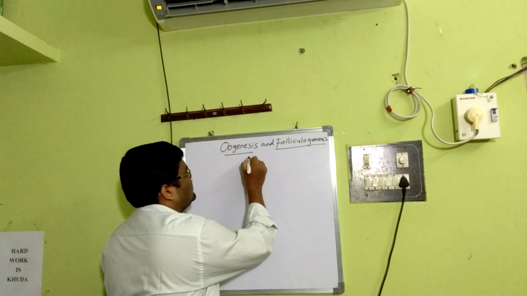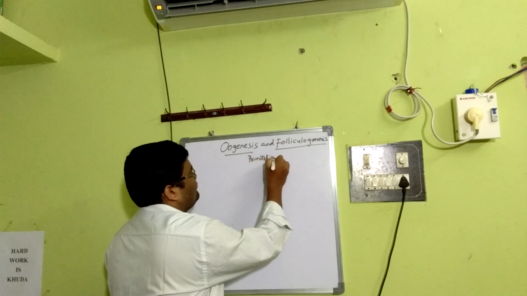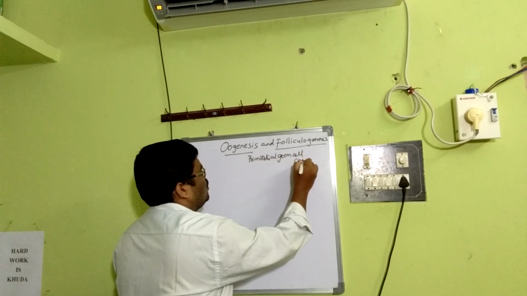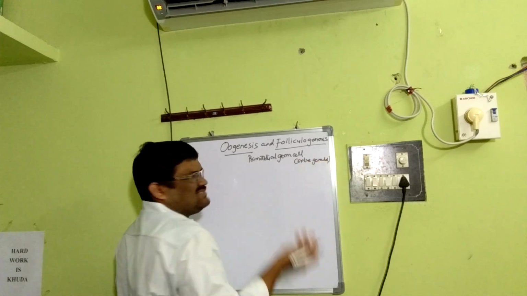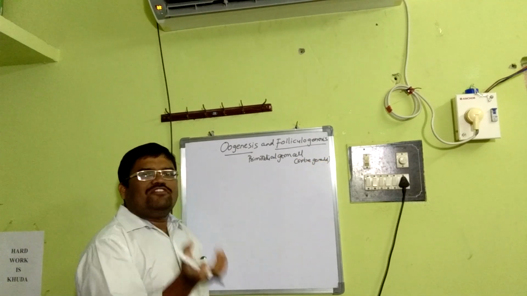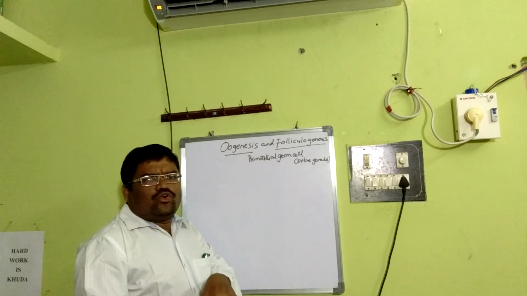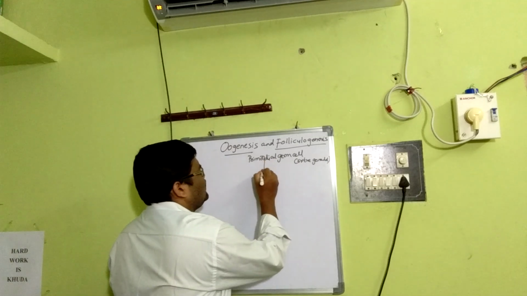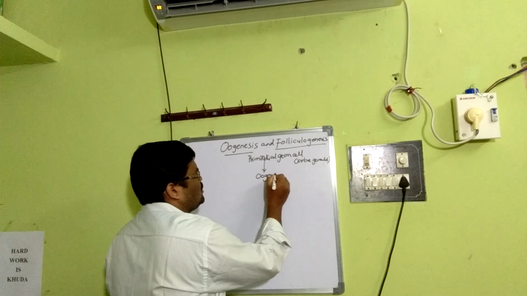We have discussed already in yesterday's class a primordial germ cell, which is extragonadal, born somewhere. It will proliferate and migrate to the respective gonads, say ovaries in case of females, testes in case of males. Then it differentiates into oogonia.